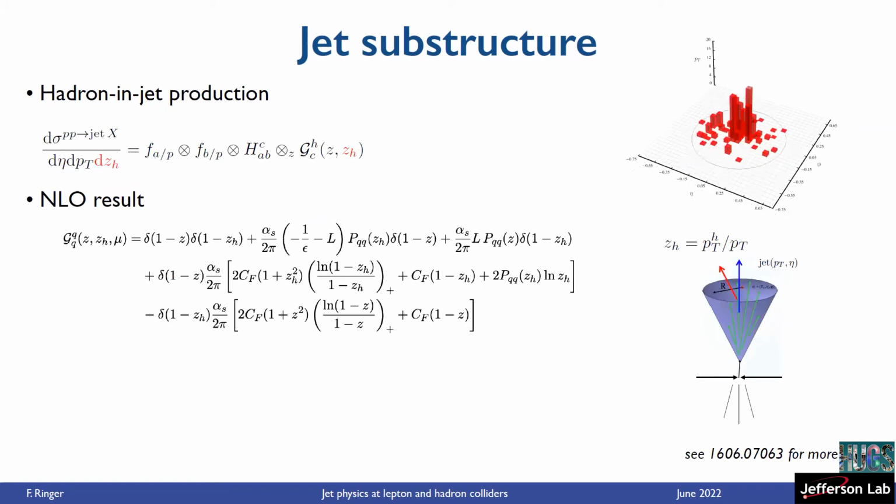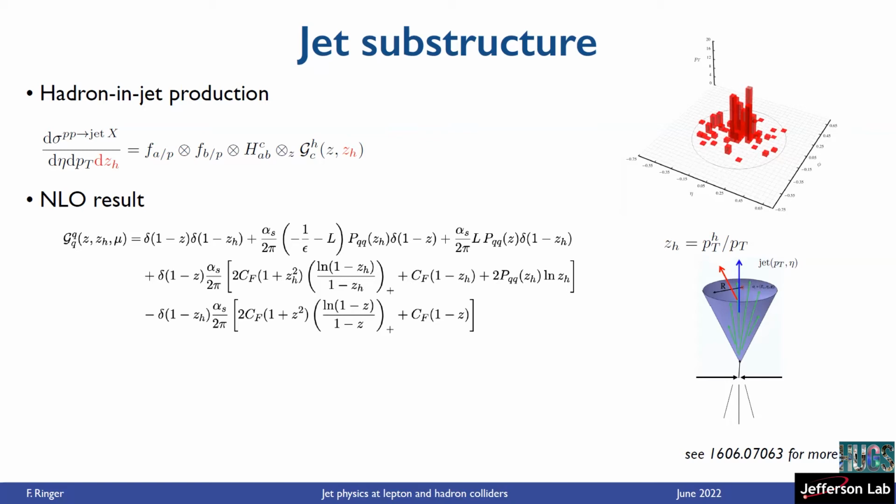I just want to give one example that's very relevant for nuclear physics, even though I don't want to go into details here. One of the standard observables that's interesting to study non-perturbative dynamics, and for nuclear physics, is that you measure the hadron distribution inside the jet. What I mean by that specifically is this momentum fraction z_h, where I look at all the hadrons in the jet and divide by the total jet pT.